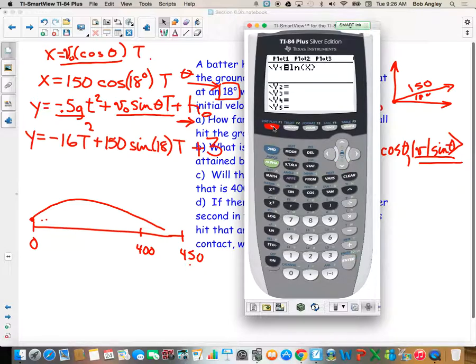Now the reason for this is, if I put this equation in, so negative 16x squared plus 150 cosine 18, and the x outside the parentheses plus... wait, that was it on that one. No, I'm sorry, my brain just malfunctioned. Did I put in the negative 16? Yeah, I did.